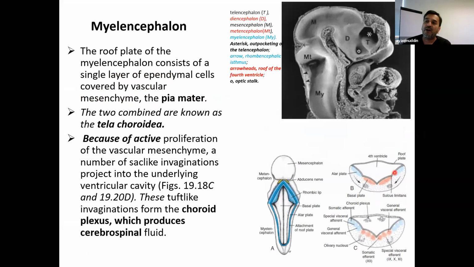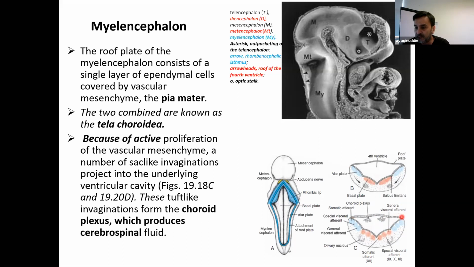The roof of the myelencephalon. So this is on the floor of the myelencephalon. The roof of the myelencephalon is basically formed by a single layer of the ependymal cells, which is covered by a vascular mesenchyme, forming the pia mater and choroid plexus of the fourth ventricle.